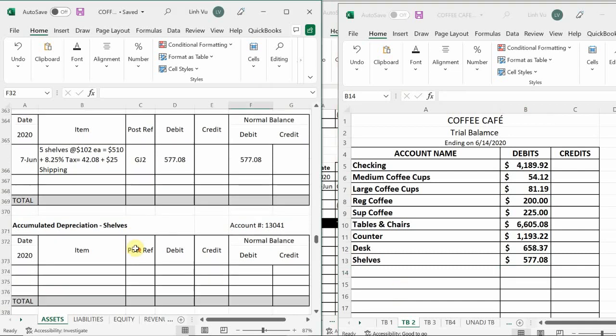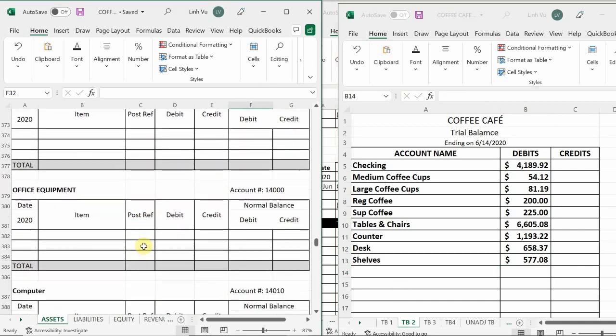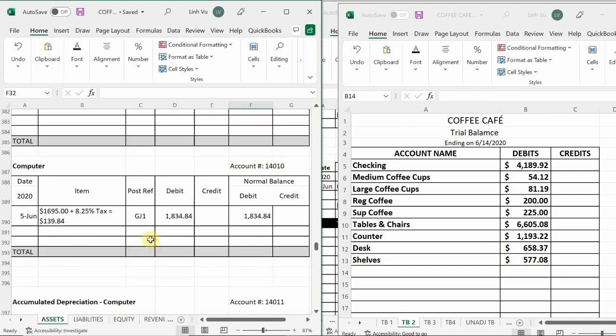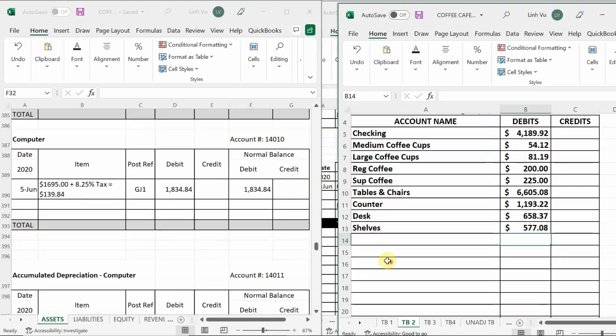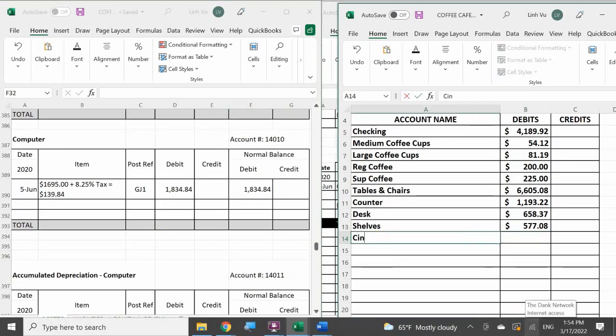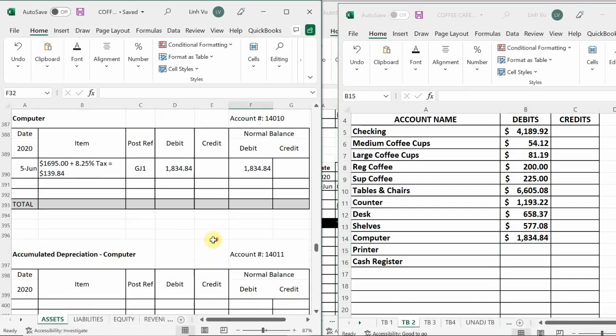Okay. Let's see, what else? Did we buy any office equipment? Yes, we did, right? We bought a computer, we bought a printer, and we bought a cash register. My computer was the $1834.84, which we know from our previous one, right?